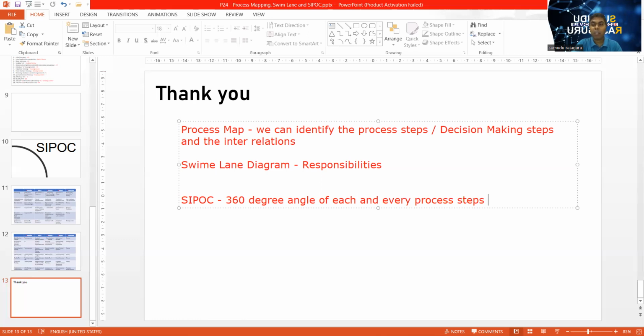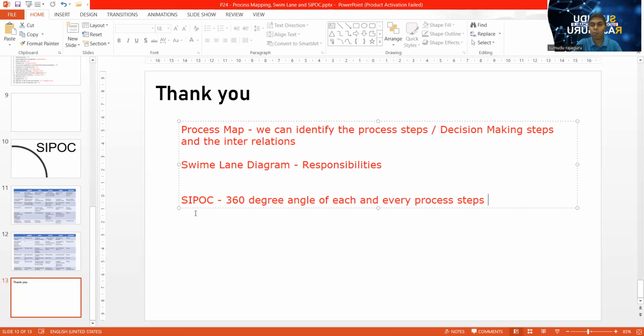Then we have to think about how we can eliminate unnecessary process steps, how we can develop the responsibilities, how we can decrease the waiting time, and how we can organize each and every process step by considering the SIPOC chart. So whatever we can do to improve the process.